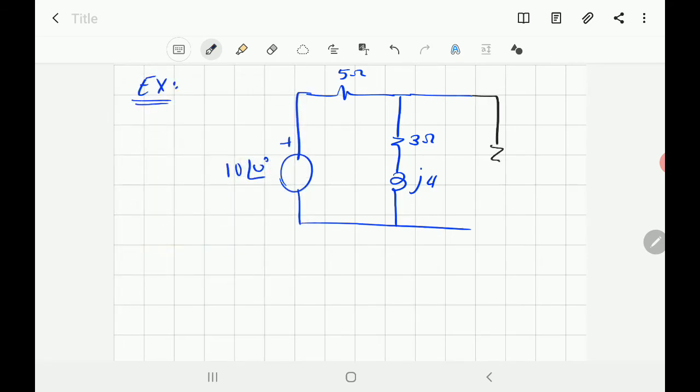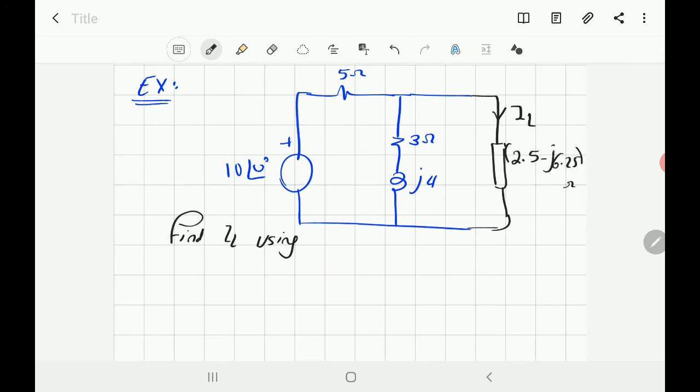You connect the load here, and this load, I mean a general impedance, is equal to 2.5 minus J6.25 ohm. Okay, it's required to find the current in the load here. So find the load current using Thevenin.